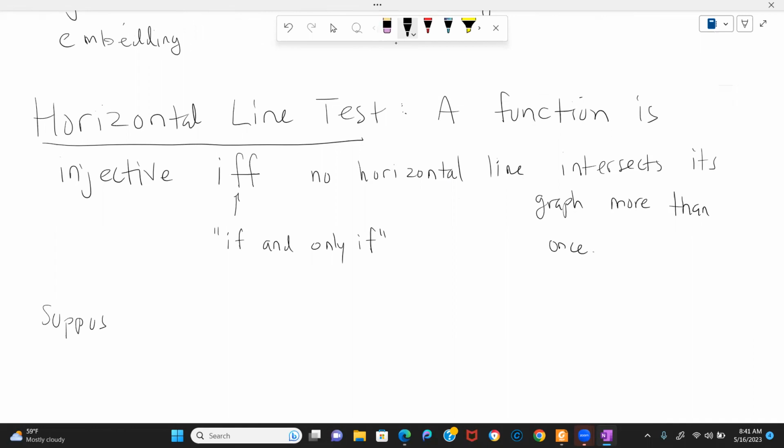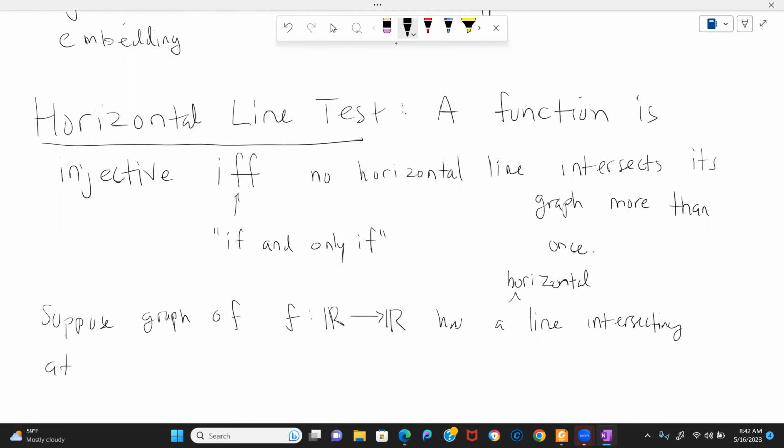So let's actually suppose the graph of f, and f is going to be a function from R to R, has a horizontal line intersecting it at more than one spot.